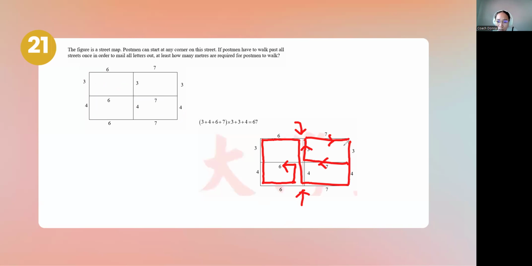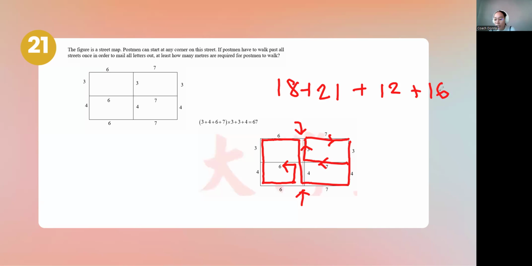Let's start with the first one. It's 7, 14, 21. Okay, we have 21. 6 plus 6 plus 6, that's 18. We have 4 threes in total that we're passing through, so that's 12. And then we have 4 fours we're passing through because we passed through this 4 twice. So that's 4 times 4 is 16.